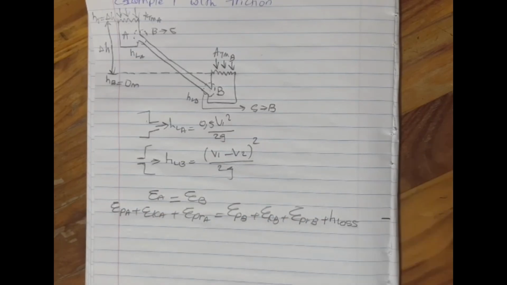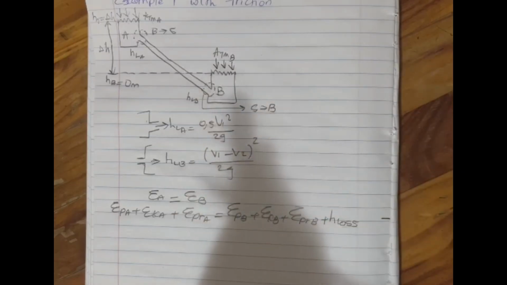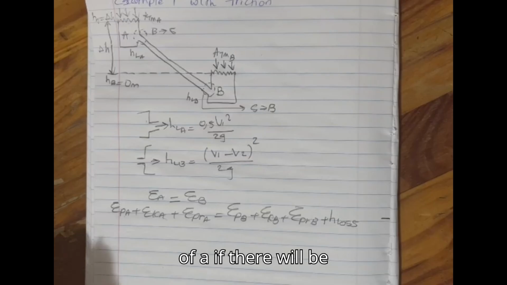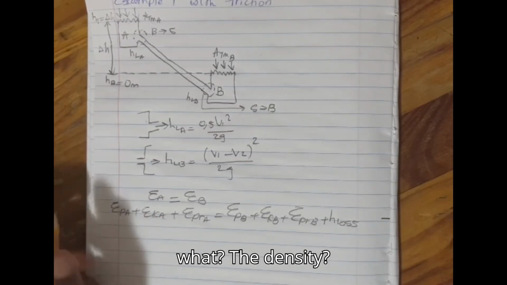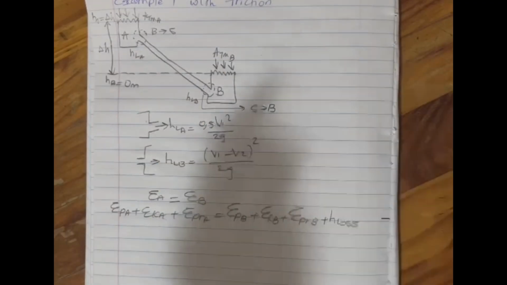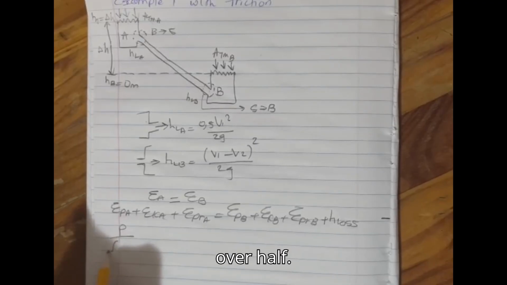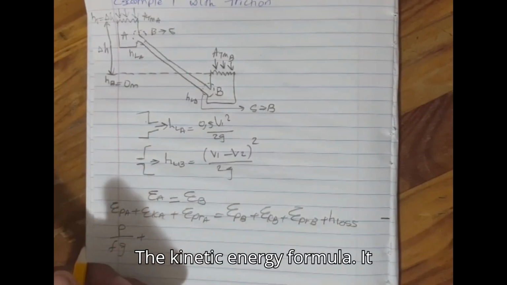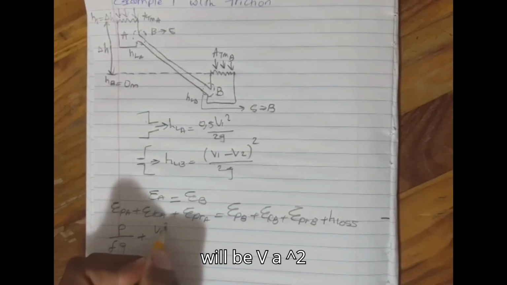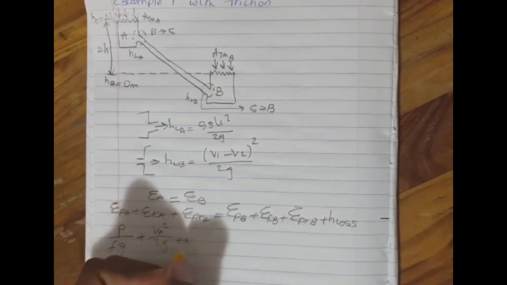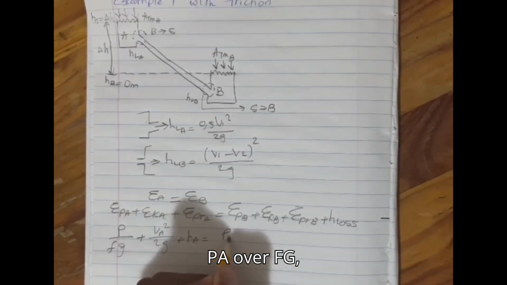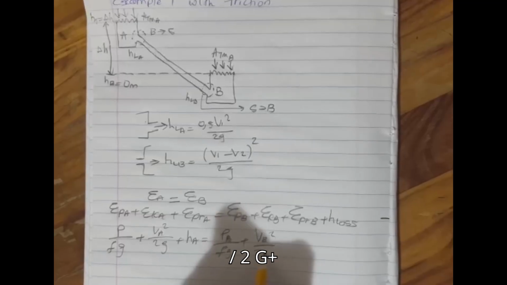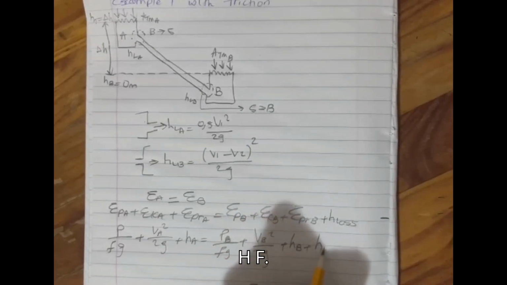Now we know that there is pressure, kinetic, and potential energy. The pressure energy of A will be the density, which is PA over ρG, plus the kinetic energy formula, VA squared over 2G, plus HA, is equal to PB over ρG plus VB squared over 2G plus HB plus HF.